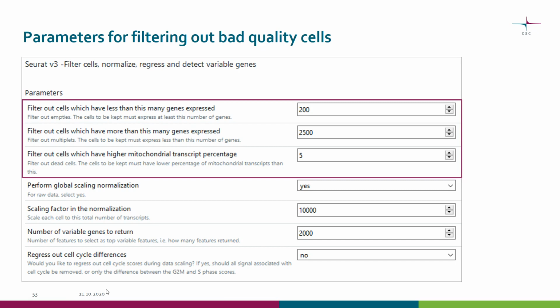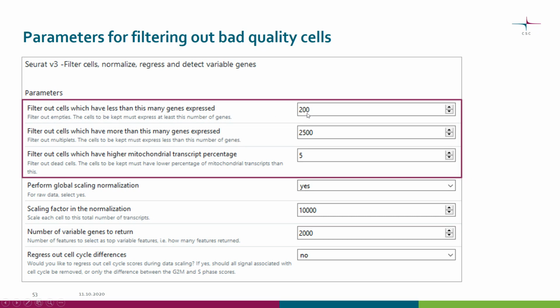And so this is the tool where you would do it. This tool actually does many other things as well, which we will discuss later, but now let's focus on these three parameters here. Here precisely you say how you want to get rid of the empties. So what is the threshold?